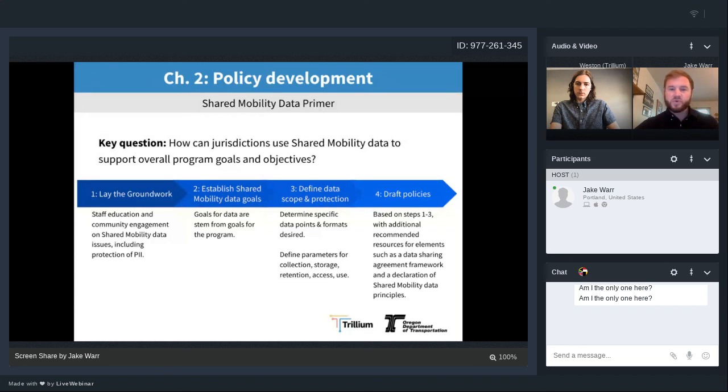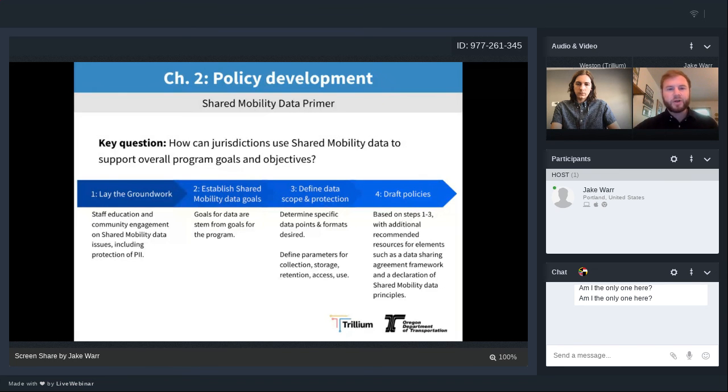Where is it going to be stored? How long is it going to be kept? Who has access to it? We think it's important to identify that from the get-go, so it's not just reactionary, and all of a sudden there's all this data, and maybe we want data, but we didn't decide we wanted it until the service was on the road. I think it's important to really make that clear.